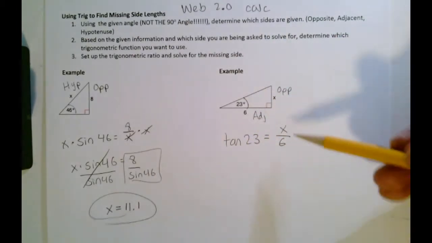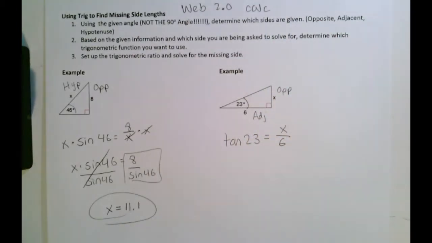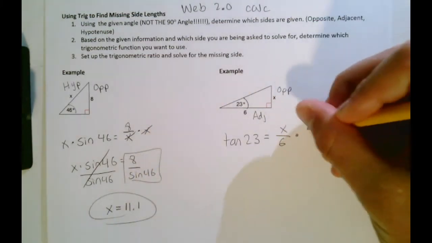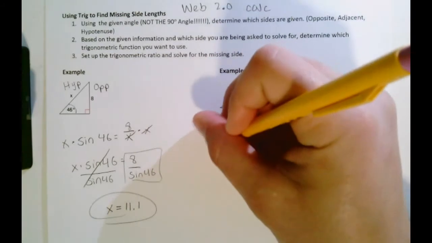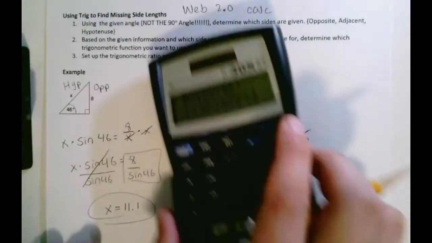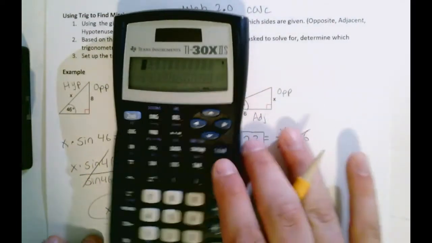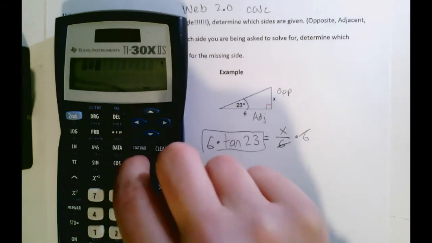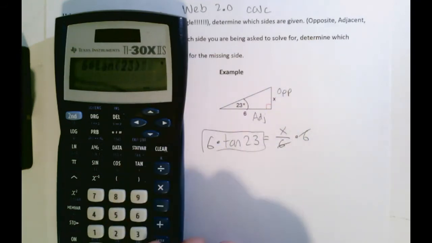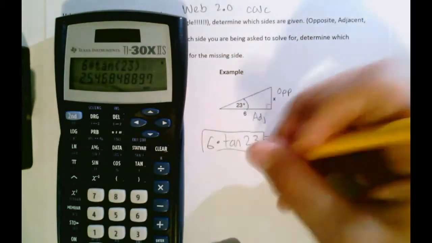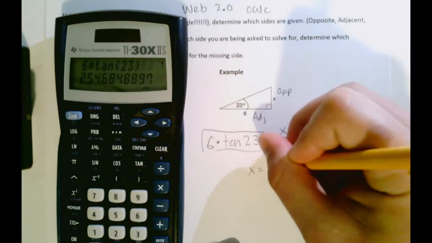For this example, the x is already in the numerator, so it only requires one operation as opposed to 2 over here, meaning I just need to multiply by 6 on both sides. This is what I'm going to put in the calculator now. Again, let's round to the tenth. Let me move this over so you can see it. I'm going to do 6 times tan of 23, and in that example, it looks like I get 2.5 as my answer.